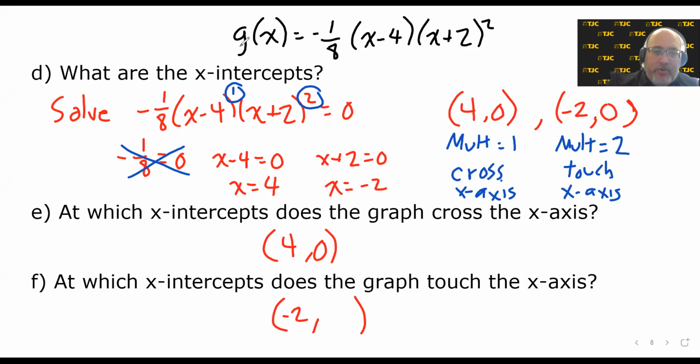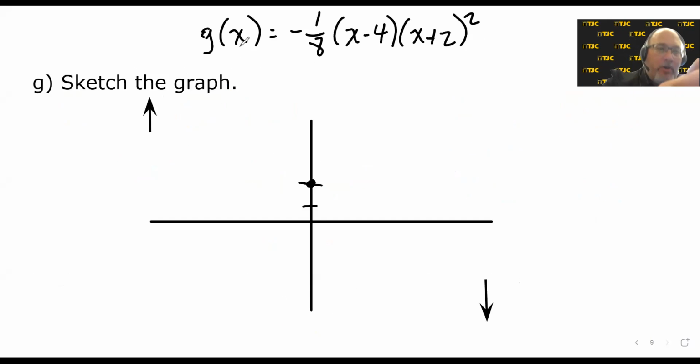See, it doesn't matter how good you are. The best of us will make mistakes if we're not careful. Let's continue and finish. We cross the x-axis at (4, 0). We touch the x-axis at (-2, 0). I'm going to put a heart back down there.